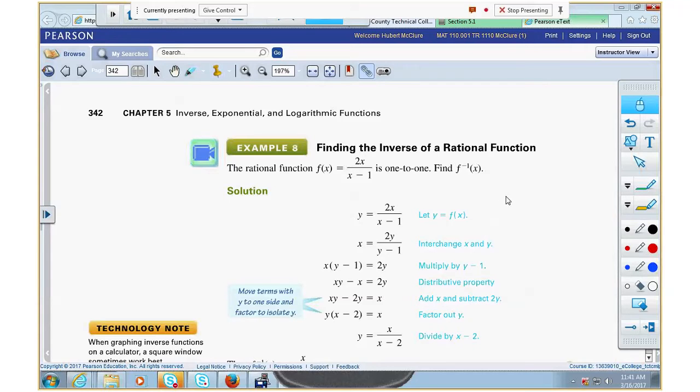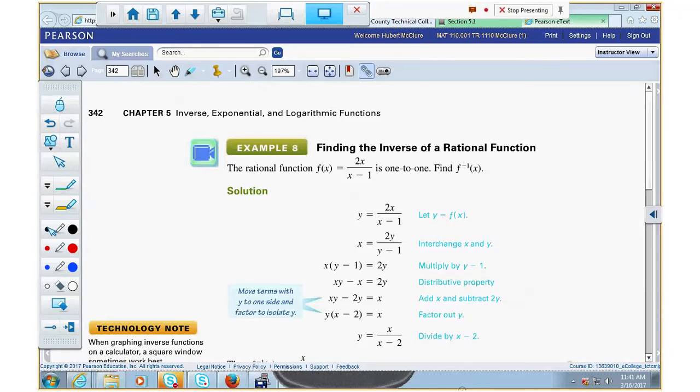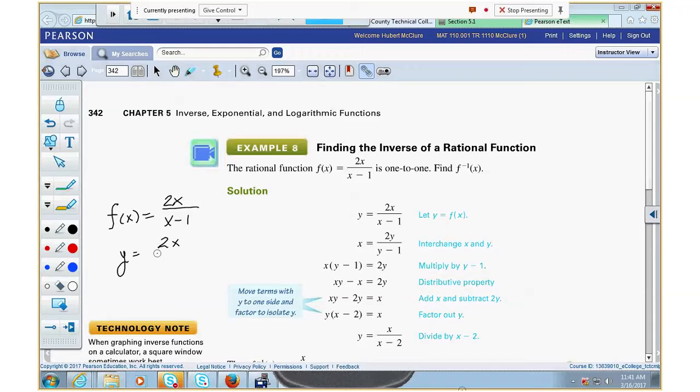All right? Finding the inverse of a rational function. Again, let's do that. Find the inverse. F of x is equal to 2x over x minus 1. This is y is equal to 2x over x minus 1. Now what? X is equal to 2y over y minus 1.